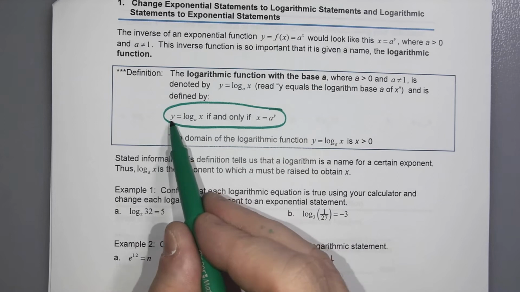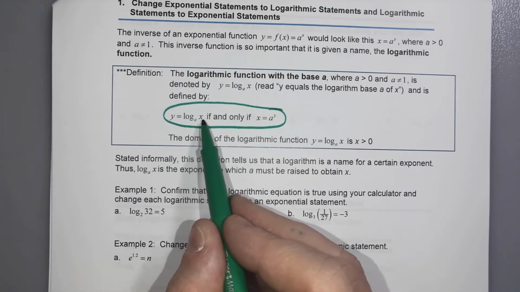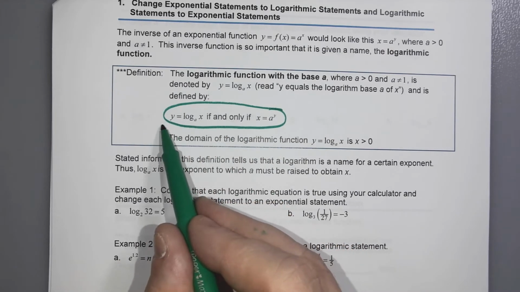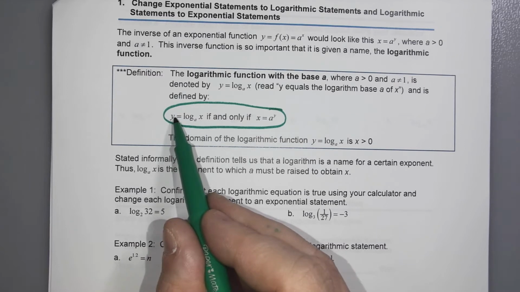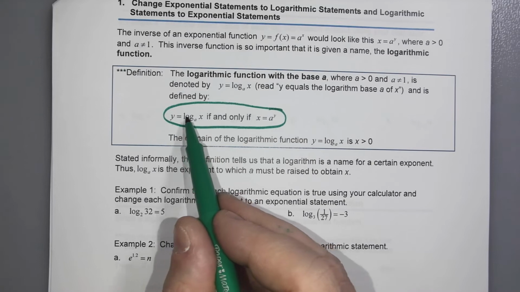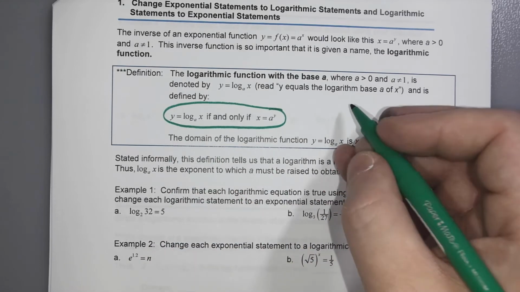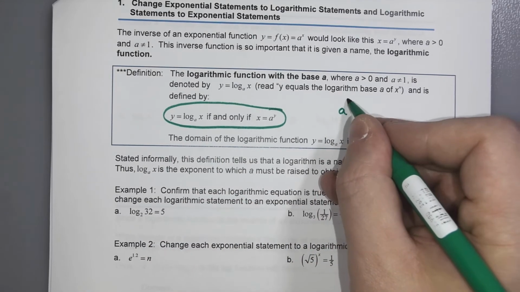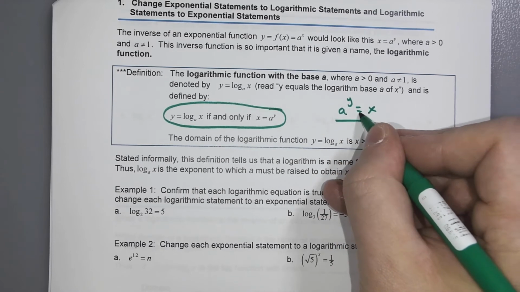So y is equal to log base a of x if and only if a to the y equals x. In my classes, we sometimes treat this as like the dab, right? The upward arrow.